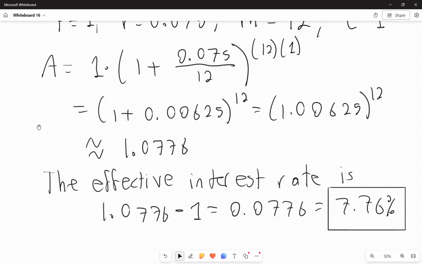Okay, and for the last example, we are going to find the interest rate. Actually, I'm doing number 43.